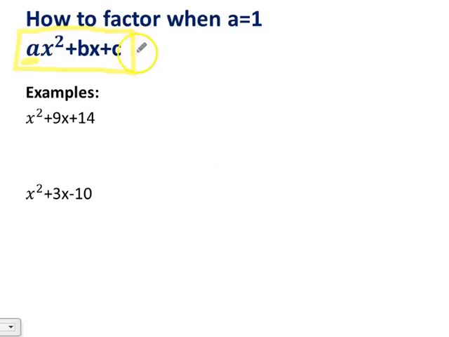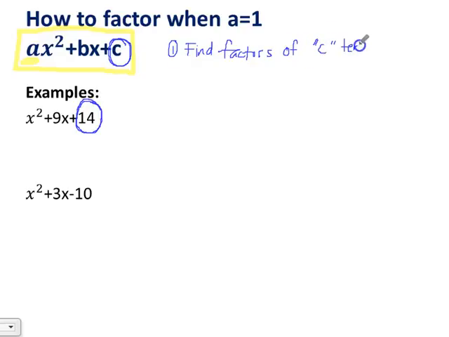What we're going to do is start by focusing on our c term, our whole number. I'm going to focus on this number, and I want to find factors of the c term that add up to the b term.